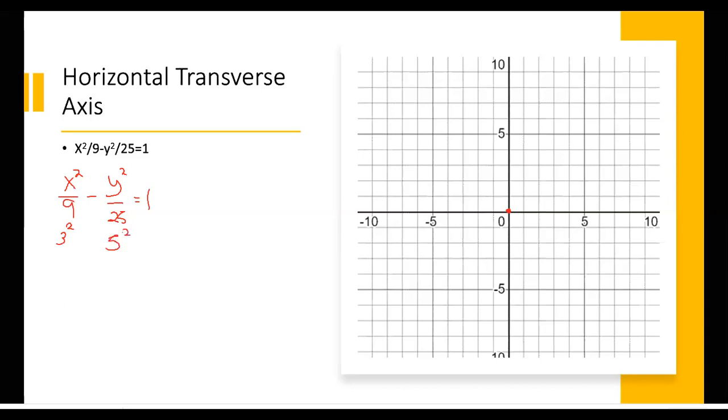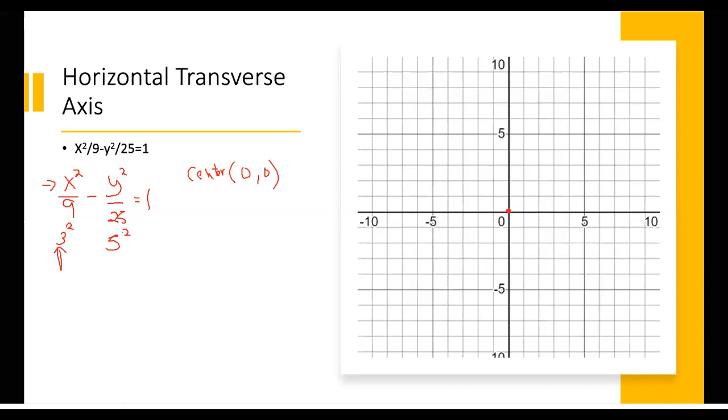Now these denominators tell us how far we have to move. Our center in this case is 0, 0, because we just have x squared and y squared. If we had x minus something squared, then we would be shifting from our center. Okay, so our center's at 0, 0. When our x is out front, we're going to move in our x direction, and this denominator tells us how far we're going to move.